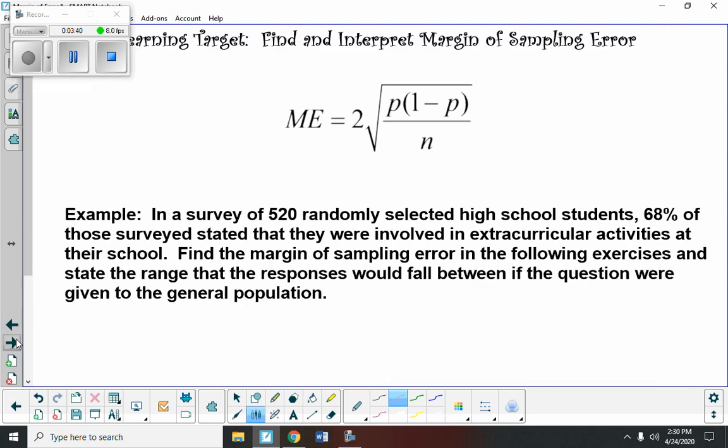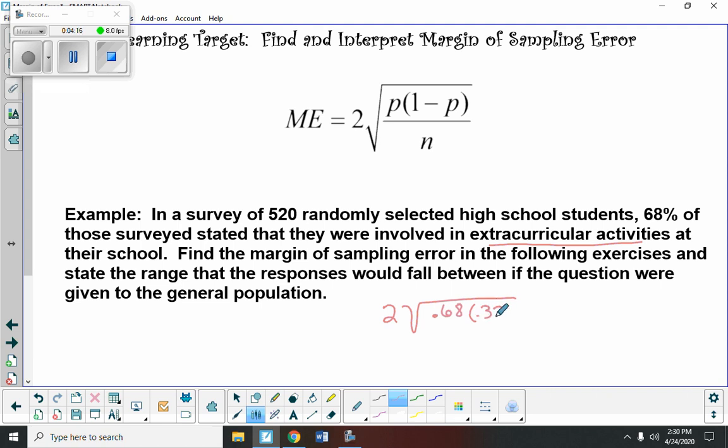Let's do another one. In a survey of 520 randomly selected high school students, 68% of those surveyed stated that they were involved in extracurricular activities at their school. Find the margin of sampling error and state the range that the responses would fall between if the question were given to the general population. So we have 2, and then the percent is 0.68, and 1 minus 0.68 is 0.32.